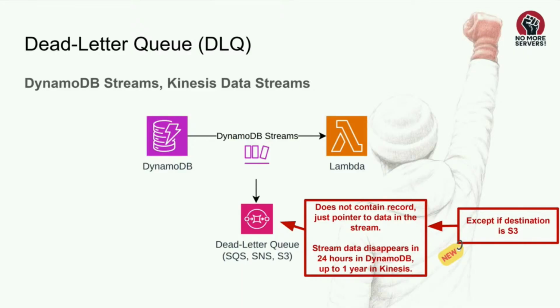It's just a pointer to the stream. And for DynamoDB stream, that's valid only for 24 hours. Kinesis data stream is also only for 24 hours unless you configured it, which can be up to 1 year. And again, you can use S3 to get actual data.